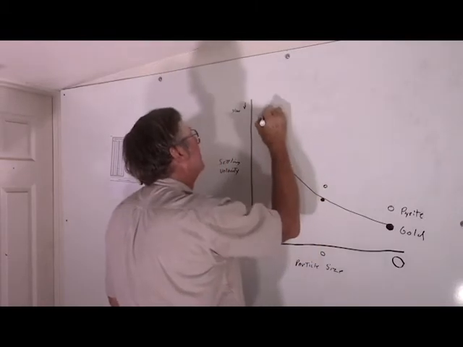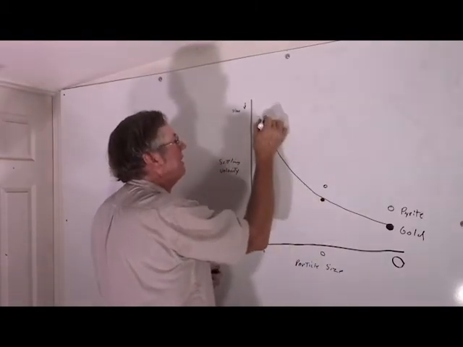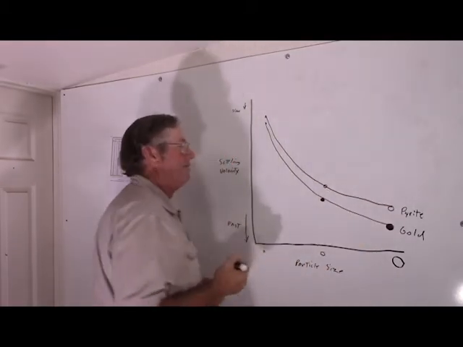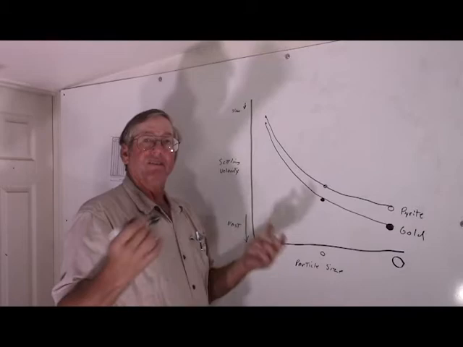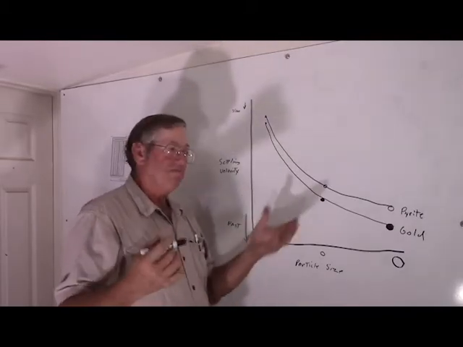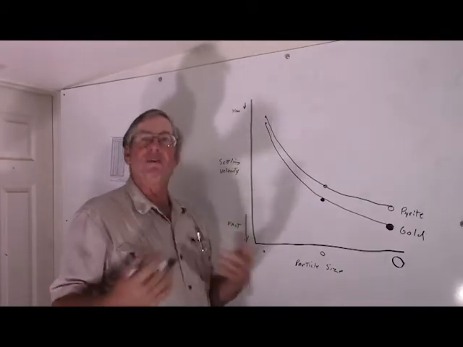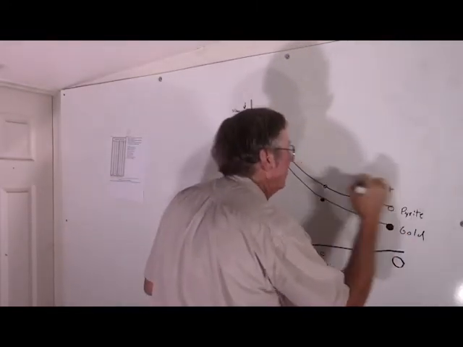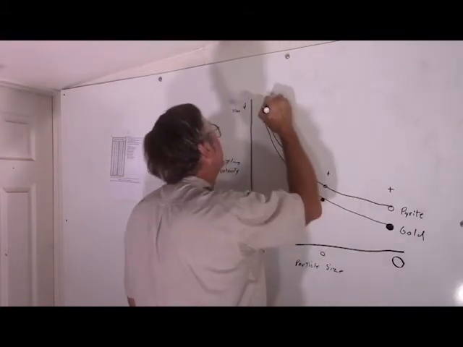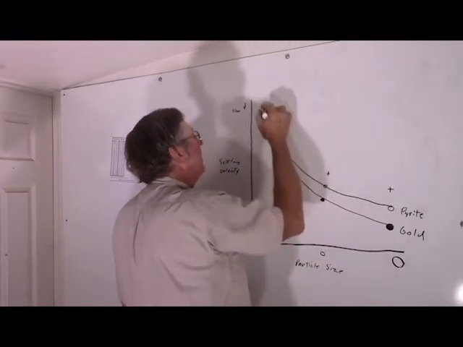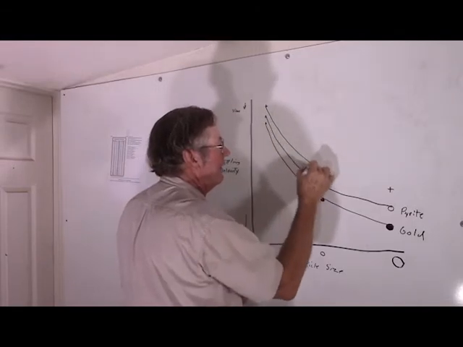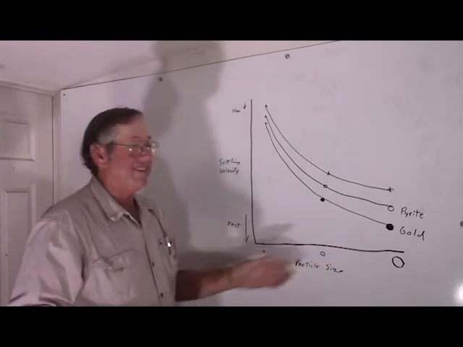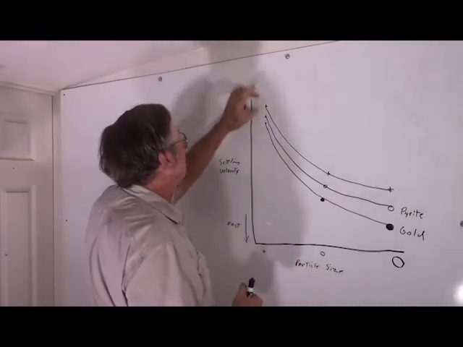Same for medium, same for small. It's going to have a curve something like that. Silica, quartz, feldspars, things like that, your common minerals that are worthless, are going to be up here, and they're going to have a curve like that.